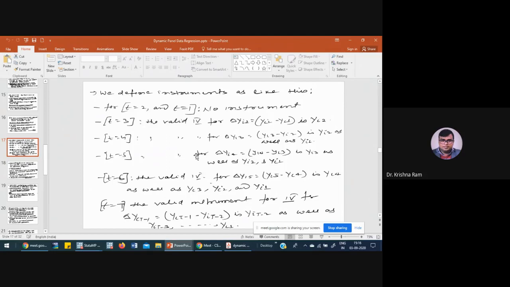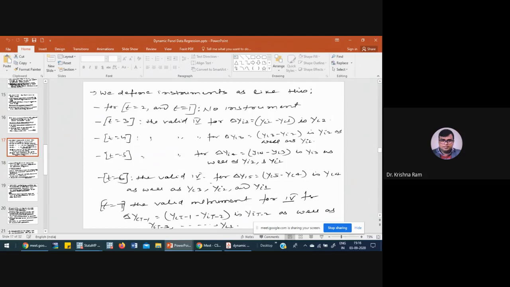But beyond that time period, for t equal to 3, the instrument variable is y_i1. For 4, it is y_i2 and y_i1. For 5, it is y_i3, y_i2 and y_i1, and so on.